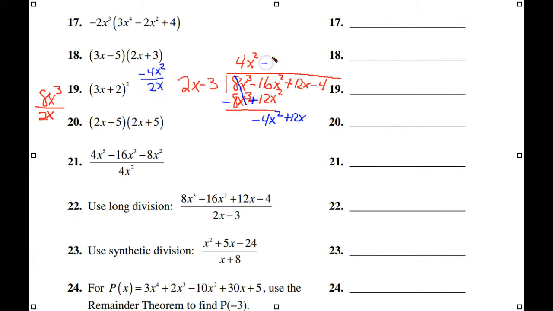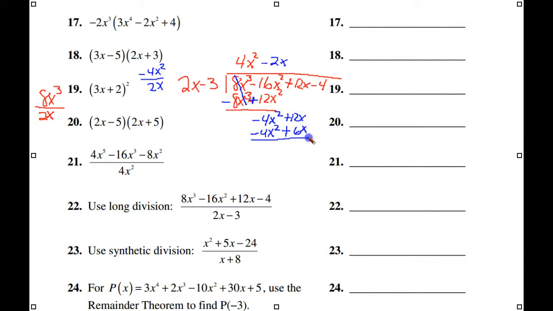Well, that's going to be a negative 2x. Just dividing that. Okay, so now we go 2x times a negative 2x is a negative 4x squared. A negative 3 times this is a positive 6x.